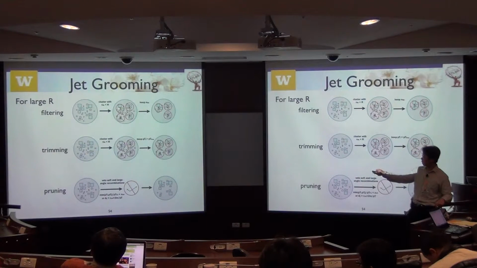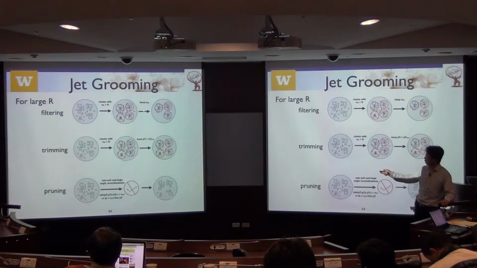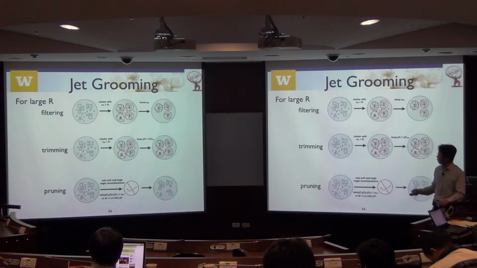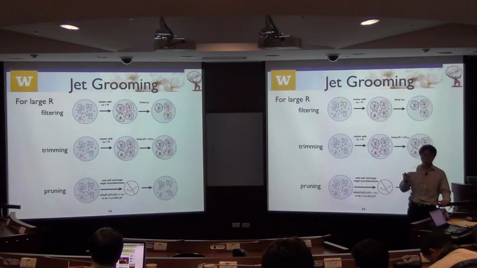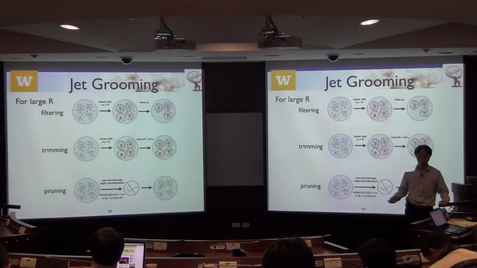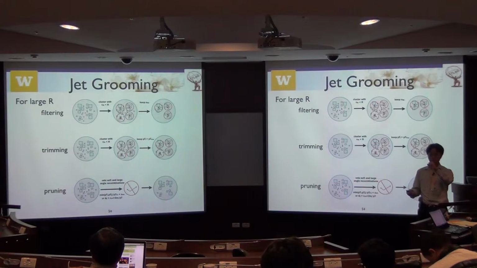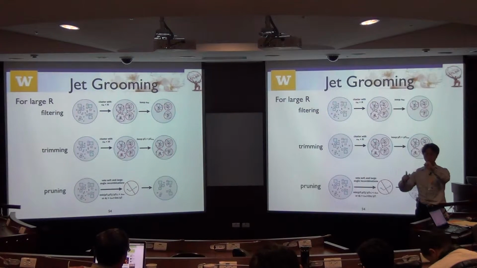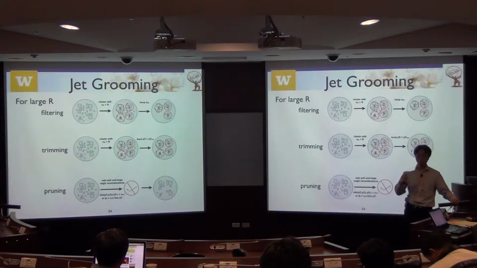So now you can see that I have 4 subjets inside this big jet. So I could apply some criteria. I can drop the subjet whose subjet mass compared to the total mass ratio is less than some number, then I can drop it.